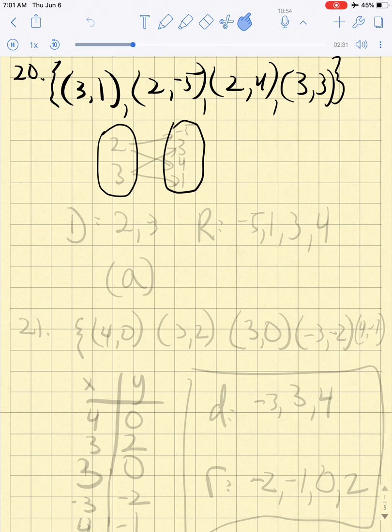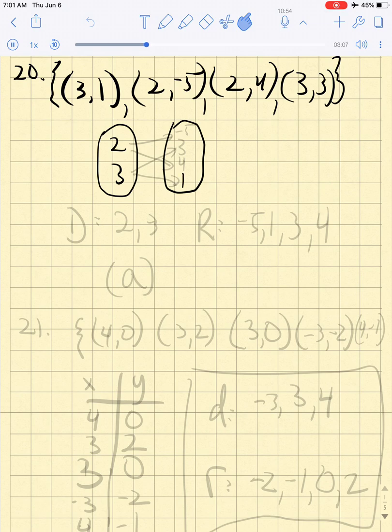How many different x's are there in the relation? There's only 2. There's when x is 2 and when x is 3. Now there's 2 different outputs for when x is 2. One is a +4. The other one is a -5, right? And actually, let's do it in increasing order. So the outputs, the y's, that's what goes in the other circle, okay?